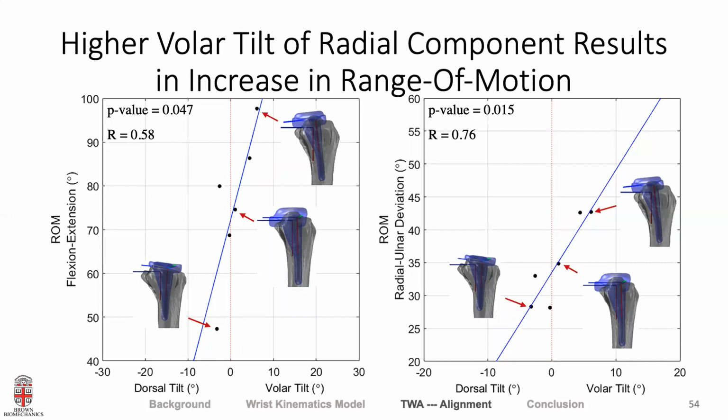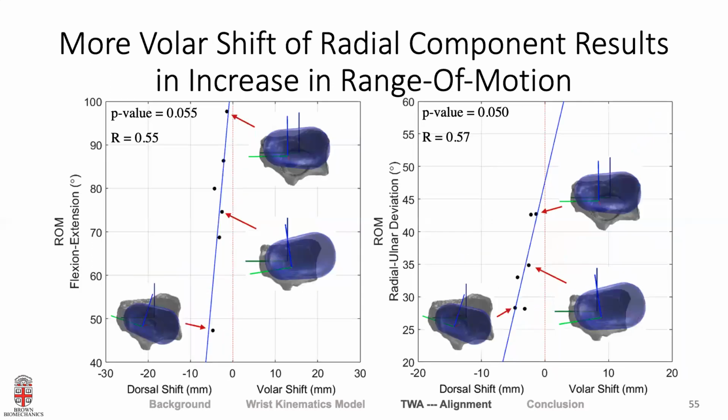It is worth noting that the radius bone naturally has a volar tilt, but the Freedom arthroplasty design for the radial component doesn't account for that. It has 0 degree volar tilt. So this basically creates a bias that favors the wrist extension, and it's confirmed by our analysis that we saw that the extension is about twice the flexion in our experiment.